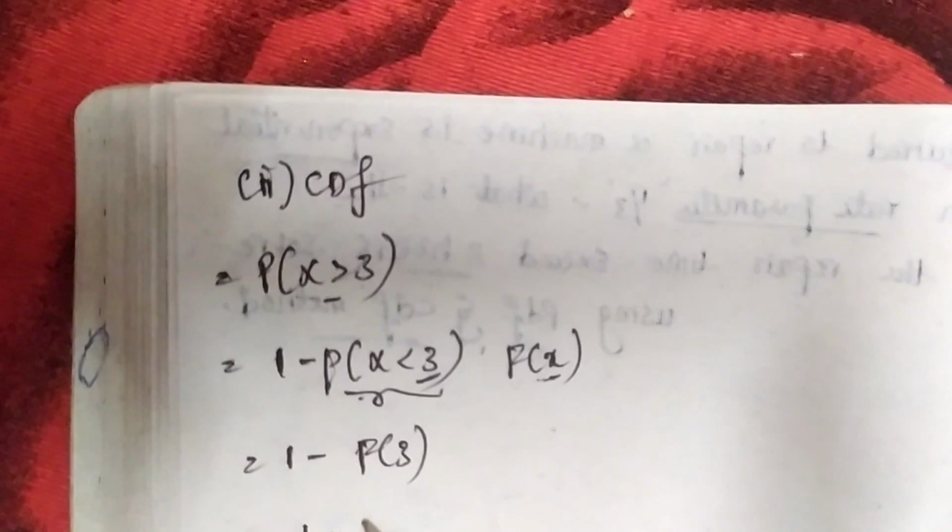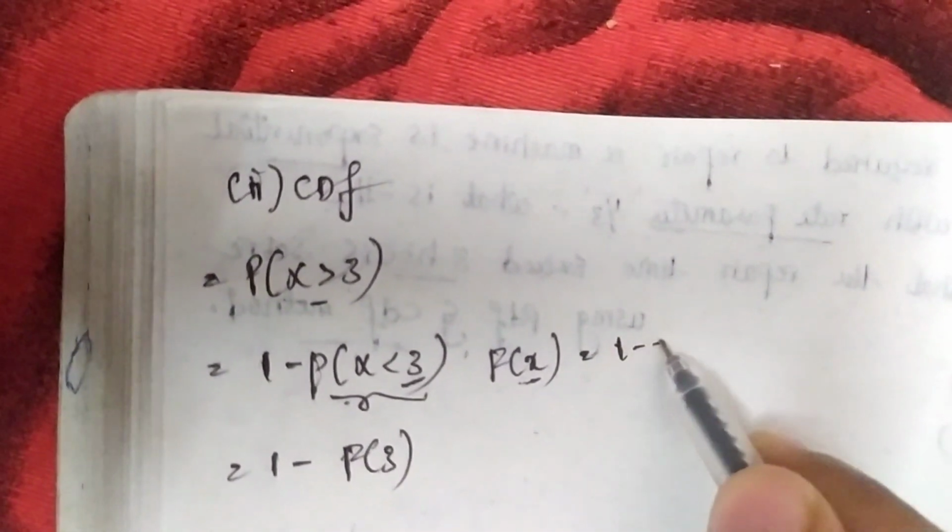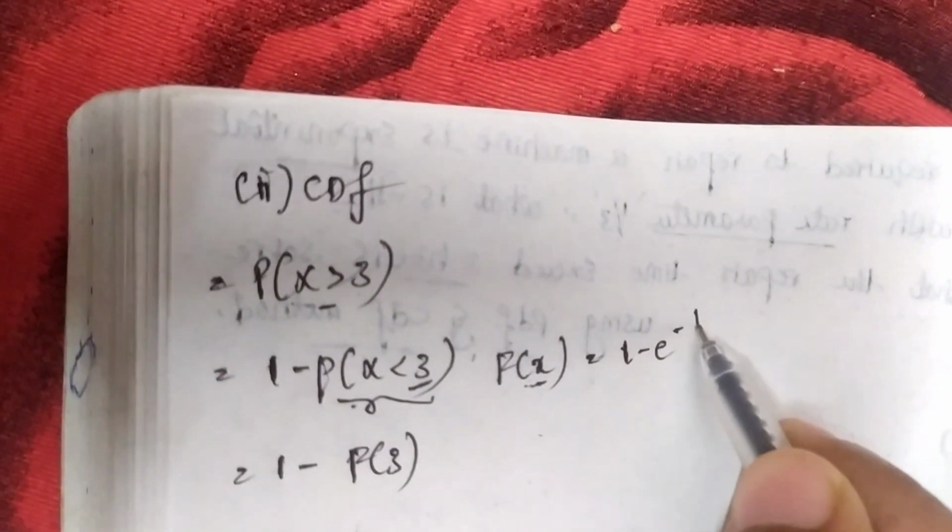Here, f of x means the formula 1 minus e power minus lambda x.